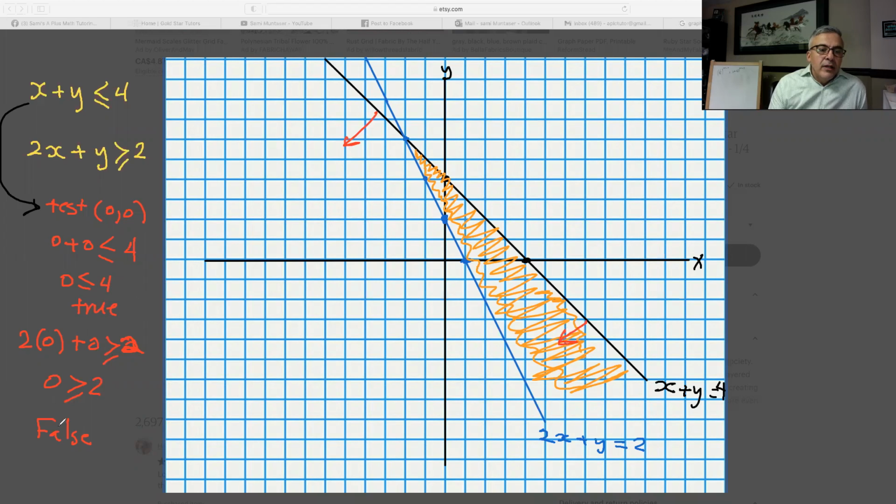But here, when we tested 0, 0, which happens again to be below the blue line, but it was false, then I don't shade below this line. I'm going to shade above the line. And so if you see these two arrows that I mark here, they meet in this little piece right here, and that's where we shade for this inequality.